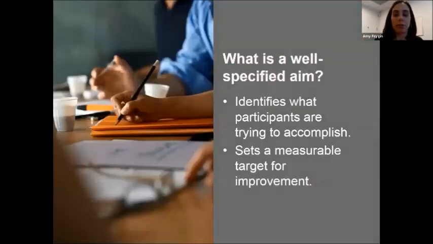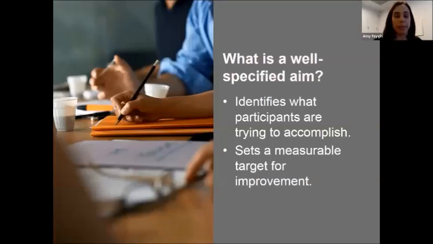Associates in Process Improvement identify 3 improvement questions that guide the work of the NIC. The first question is, what specifically are we trying to accomplish? By answering this question, participants set an aim to guide their work. What's really important is that the aim is specific and measurable.